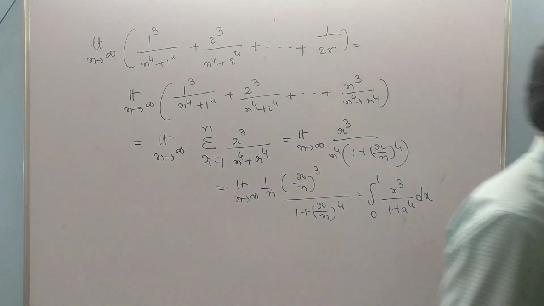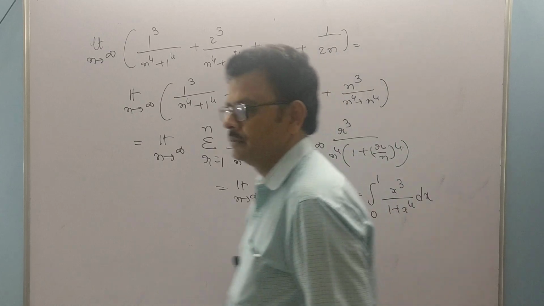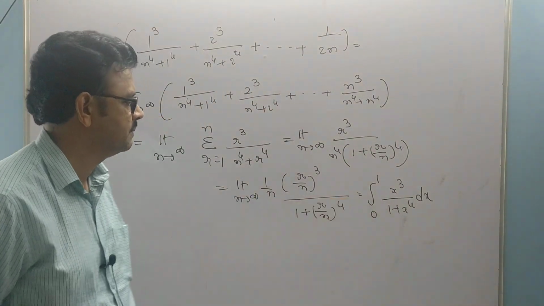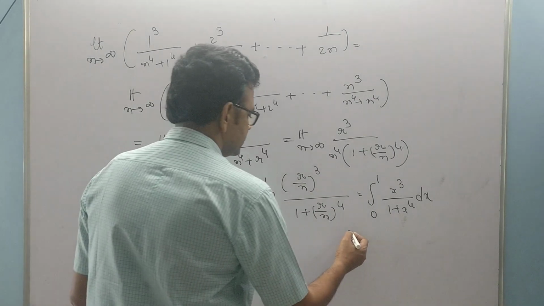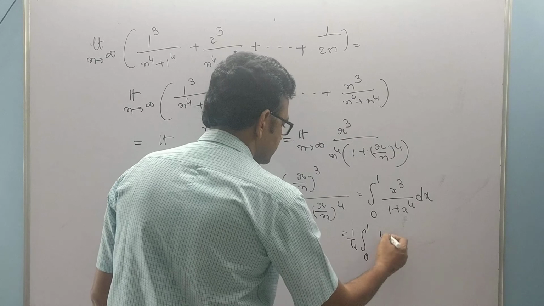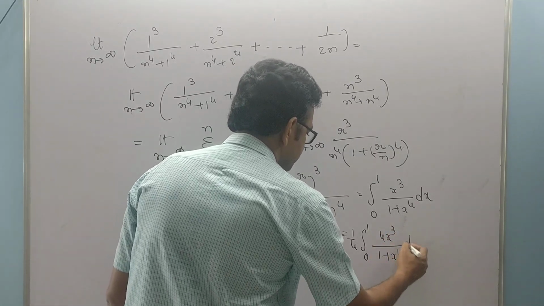Okay? So this is again of the form f dash x by f of x. Now the derivative of this is 4x cube, so we are multiplying and dividing by 4: 4x cube by 1 plus x power 4 dx.